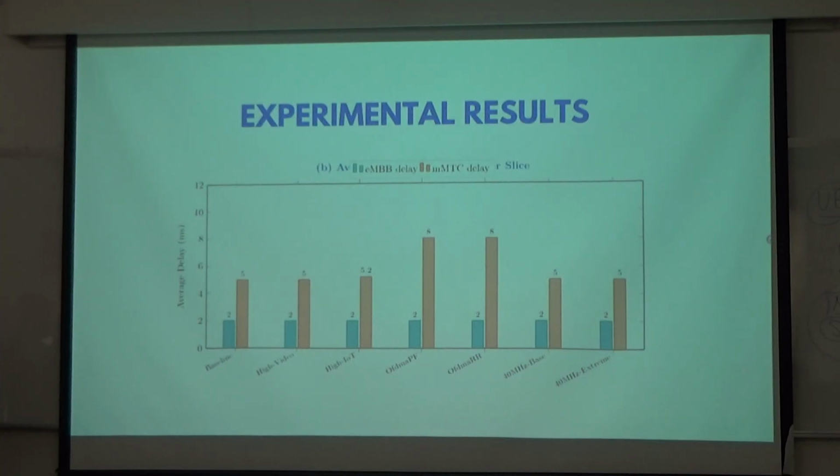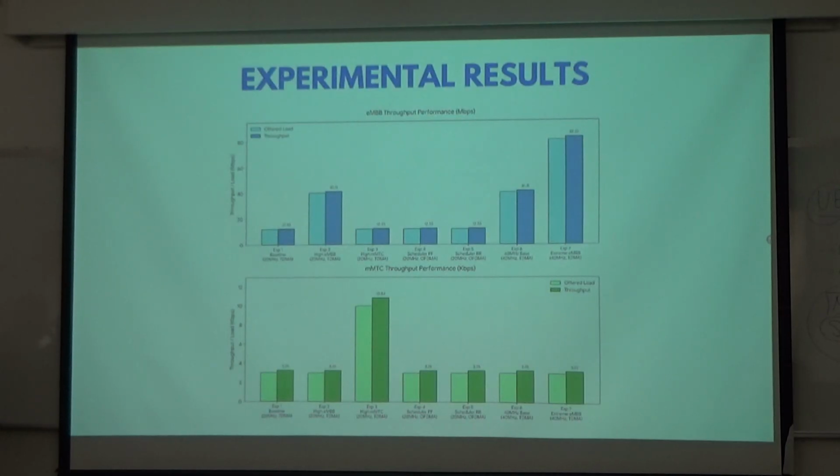From OFDM or PM and RR, it uses a different scheduler, and although the latency is higher than usual, as you can see from here, we have the throughput result, and the throughput result is actually exceeding our expectation.